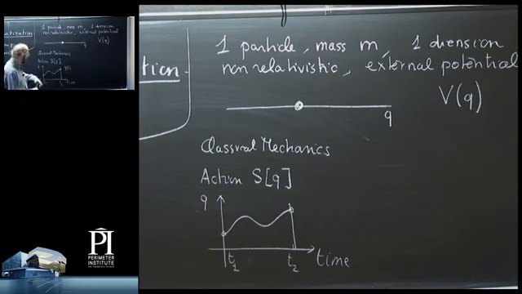And Q denotes just the data of the corresponding trajectory.